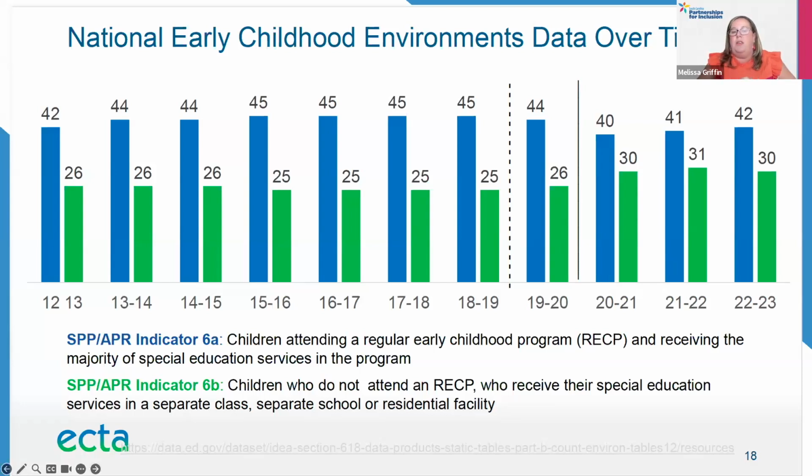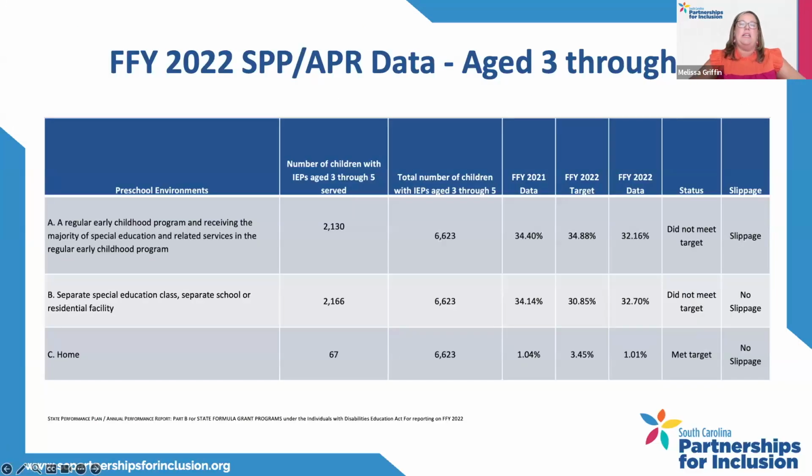So let's look at South Carolina. Remember, that was national data at 30% or 42%. This is our South Carolina data. If you look on the line, FFY 2022 data, you'll see that for 6A, we had 32.16%. So we are about 10% below the national average.